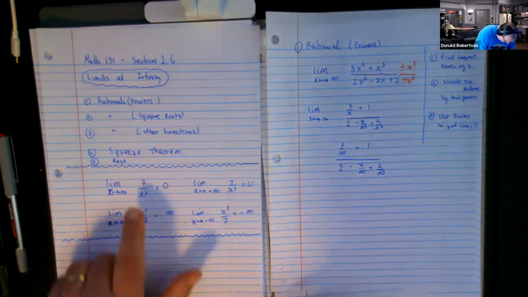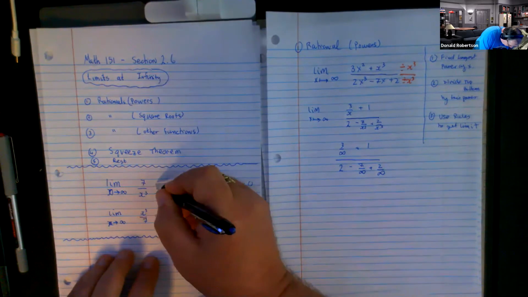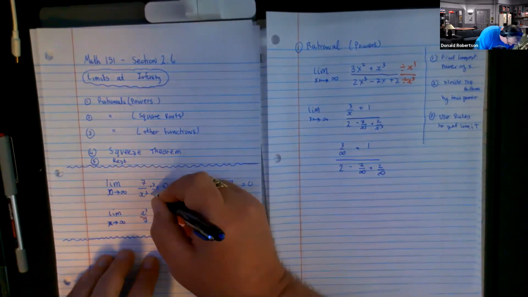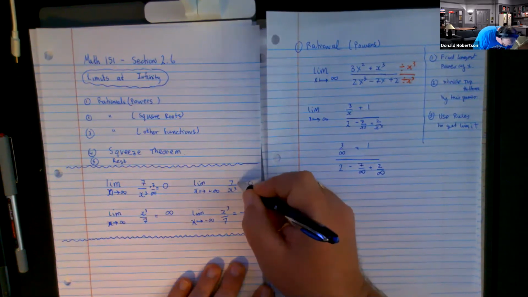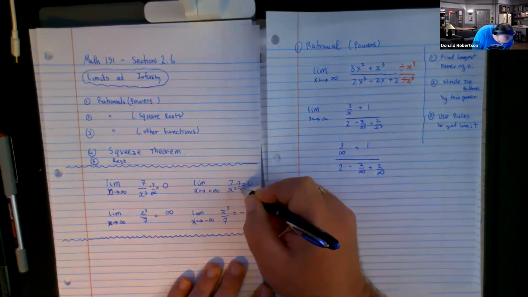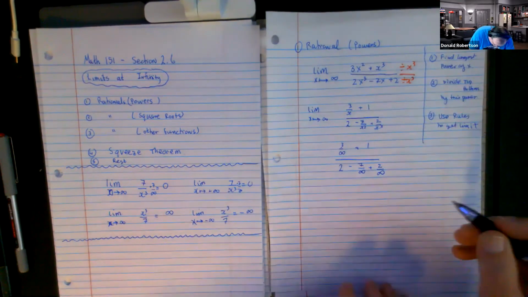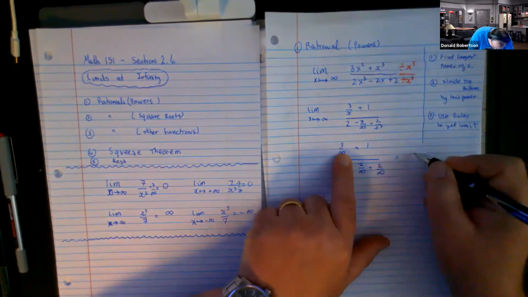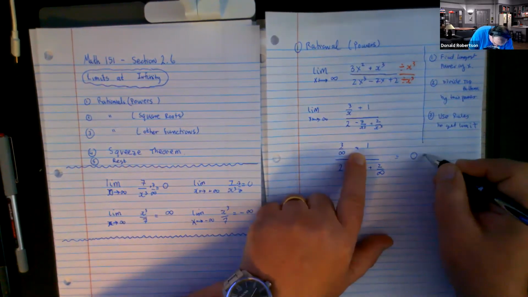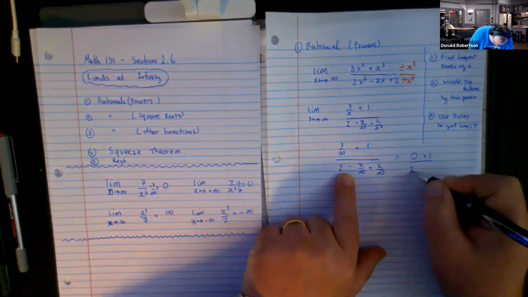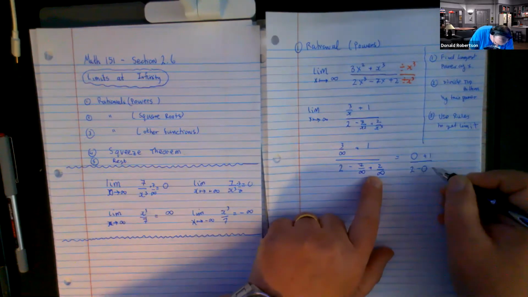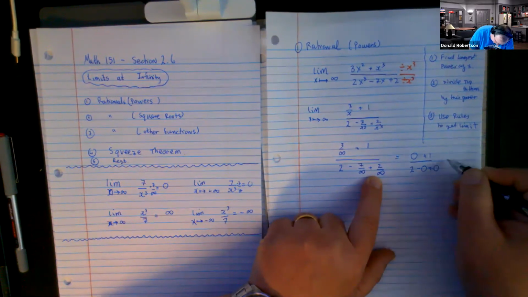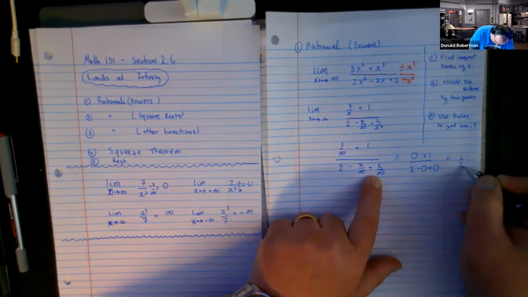This one here is essentially 7 over negative infinity, but you get zeros. So 3 over infinity is 0, add 1. Then 2, take away 7 over infinity is take away 0, add 2 over infinity is add 0, and the whole package comes out as a half.